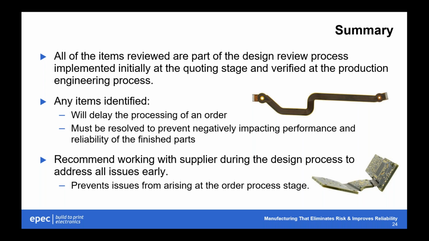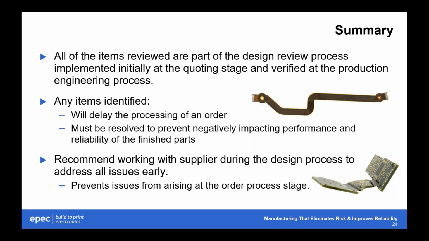So in summary, all of the items that we reviewed today are part of the design review process that we implement, and we do this both at the quoting stage and we verify all of it at the production engineering process. If we identify any of these items, it will most likely create a delay in the processing of an order.